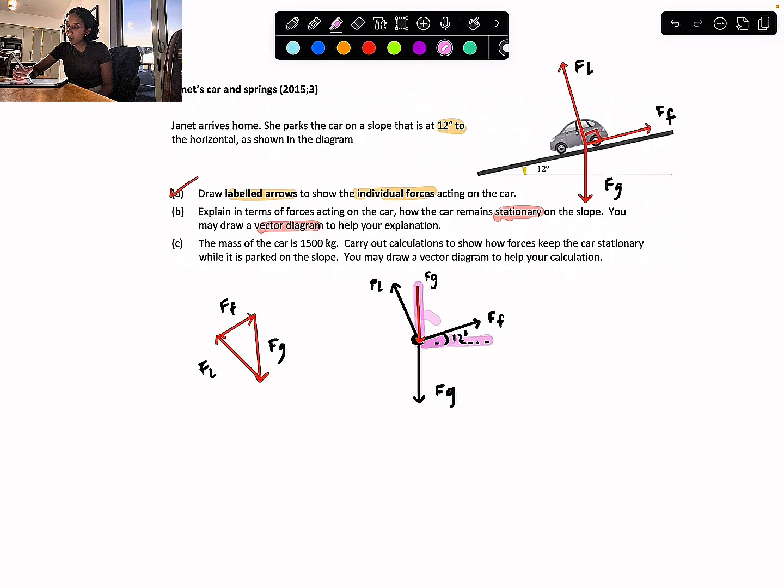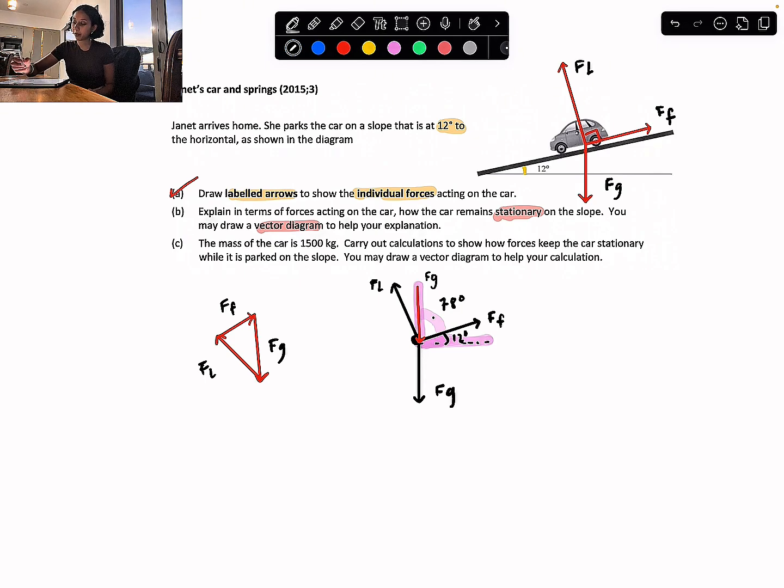So what is the remaining angle going to be? All you have to do is 90 degrees minus 12 degrees to figure out that this angle over here is 78 degrees. Okay, because 78 plus 12 degrees equals 90 degrees.